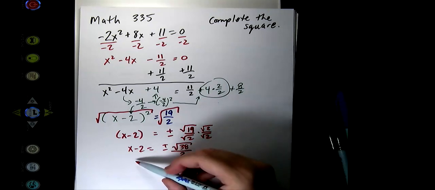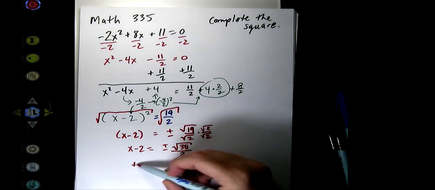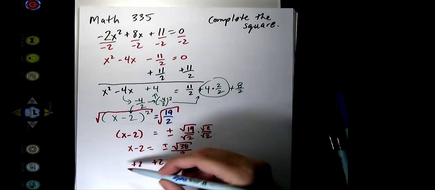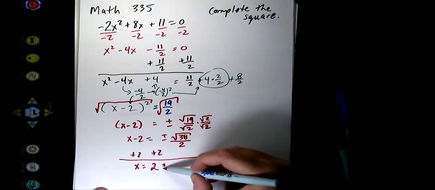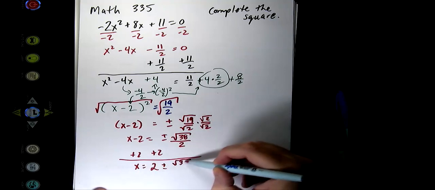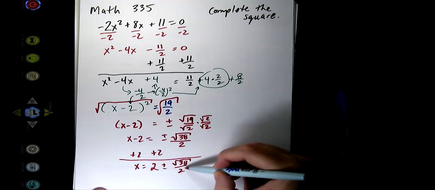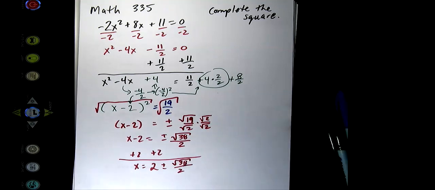And then we add 2 to both sides. And we get x equals 2 plus or minus square root of 38 over 2. Now, the homework is going to want you to do them separately.